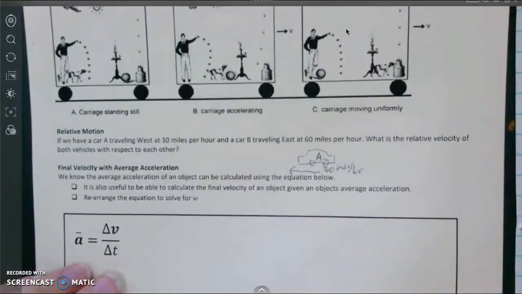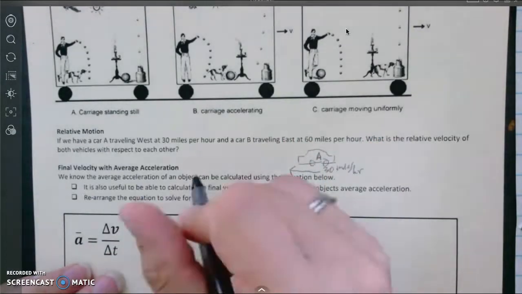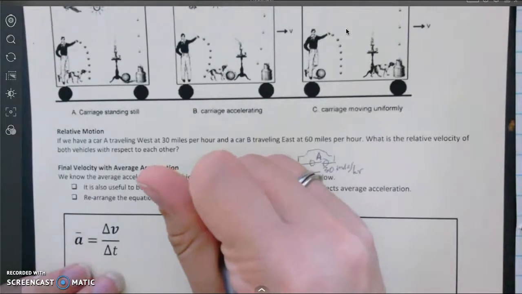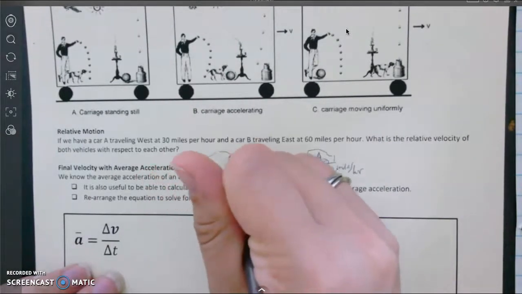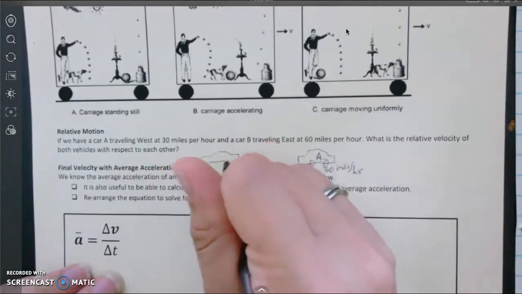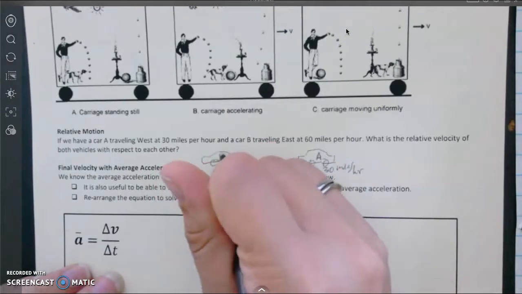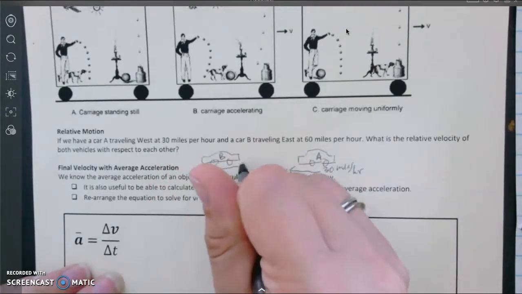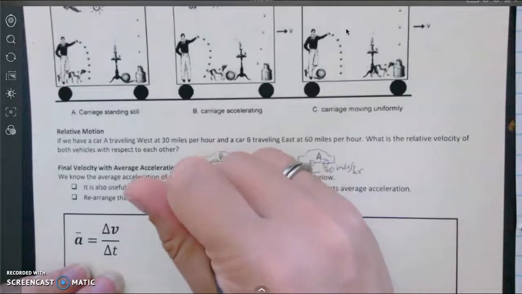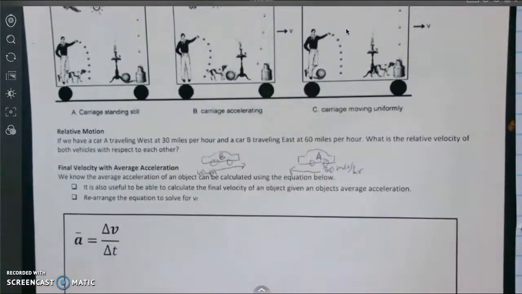Okay, and then you have car B traveling east at 60 miles per hour.